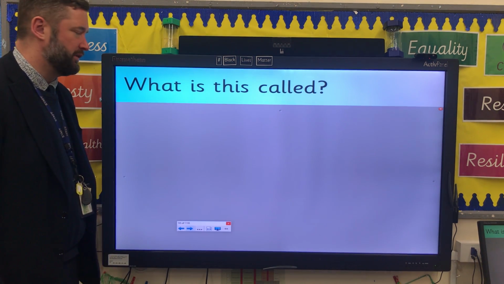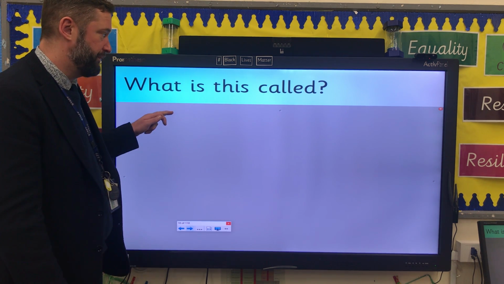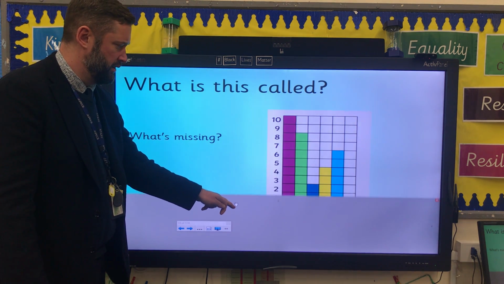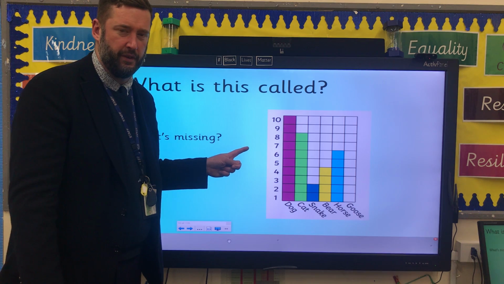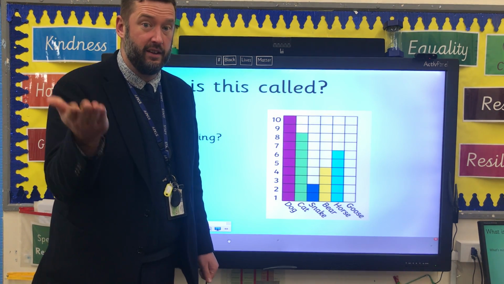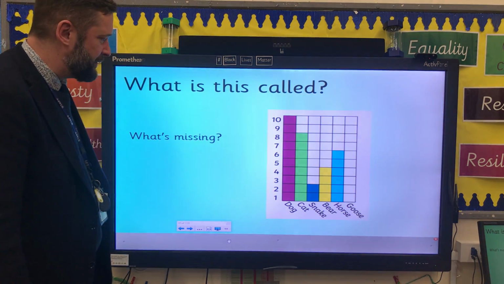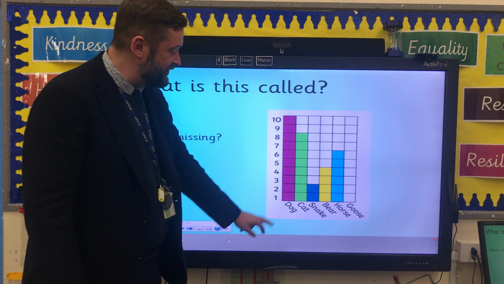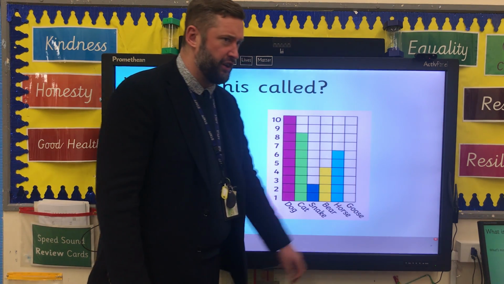That's our pictogram. What's the next picture going to be called? Don't shout out. After 3 you can shout out. 1, 2, 3. That's right, it's a block diagram. So I've got my scale here, my labels here which say dog, cat, snake, bear, horse and goose.